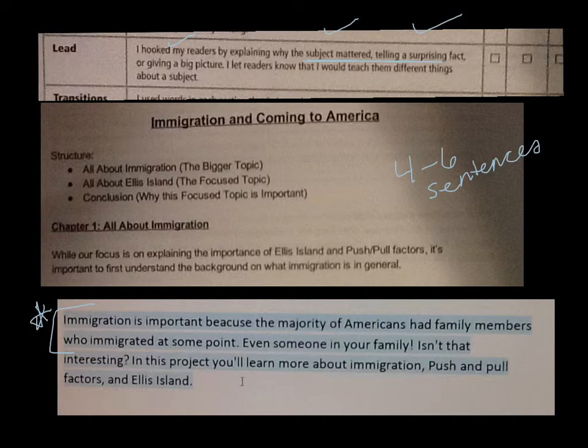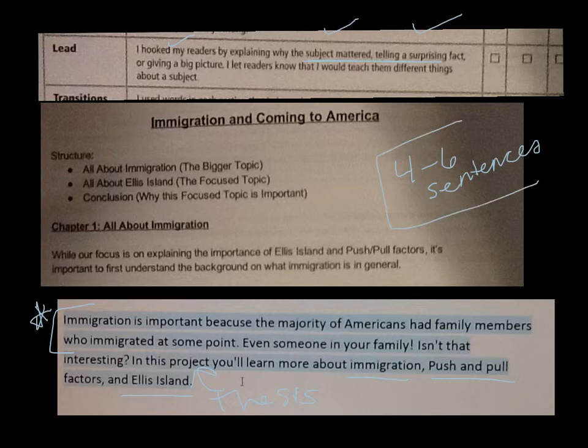My second sentence said, even someone in your family. Isn't that interesting? In this project, you'll learn more about immigration, push and pull factors, and Ellis Island. So this last sentence again is our example of our thesis. So this would work just fine as an introduction.